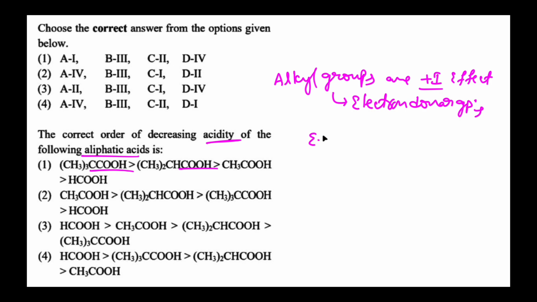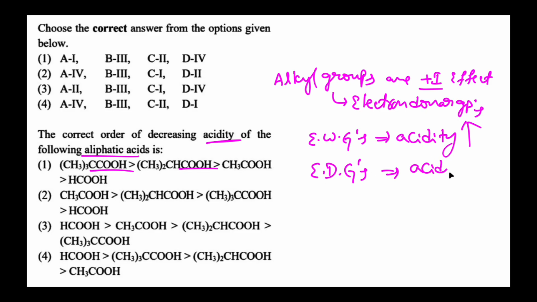So if electron withdrawing groups are present on the acid, acidity increases. If electron donor groups are present on the acid, acidity decreases. So here alkyl groups increase, acidity decreases, because alkyl groups are electron donor groups.